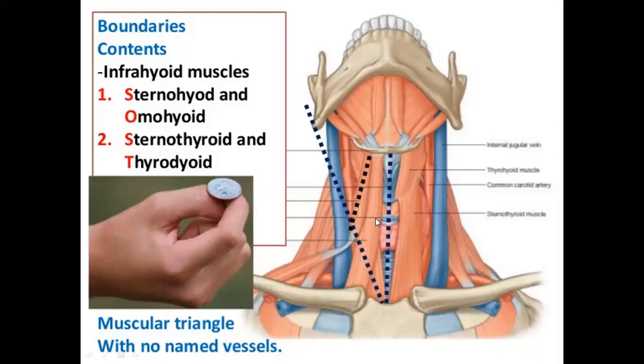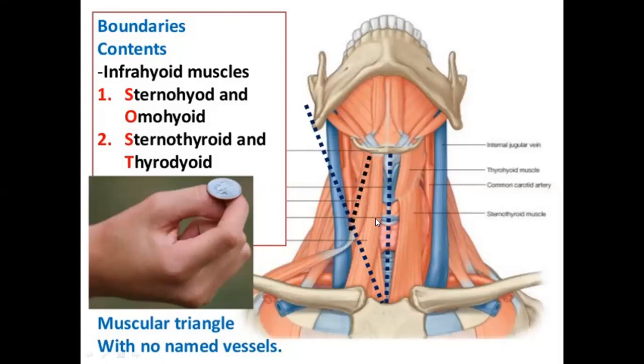Now these muscles are infrahyoid muscles, below the hyoid bone. They are very easy to remember: origin, insertion, then supply and action. First, sternohyoid: as the name indicates, it takes origin from the sternum and inserts on the hyoid bone. Then sternothyroid: origin from the sternum, insertion on the thyroid cartilage.